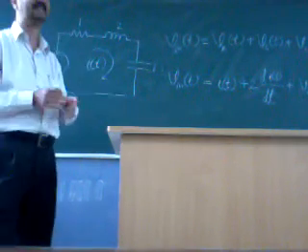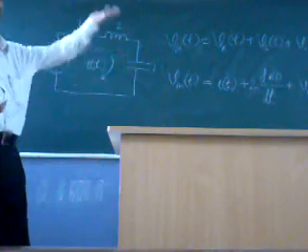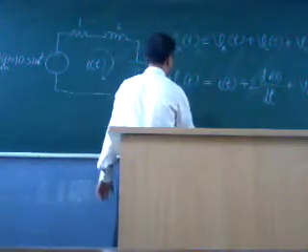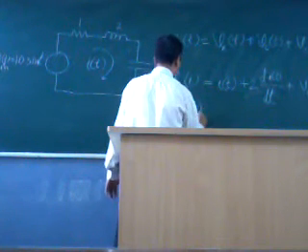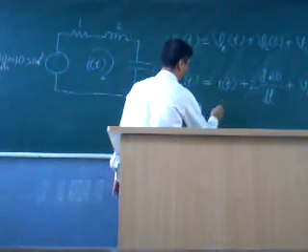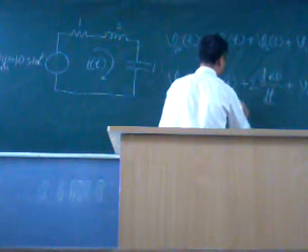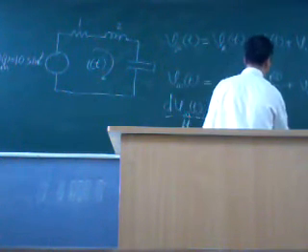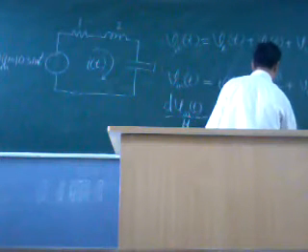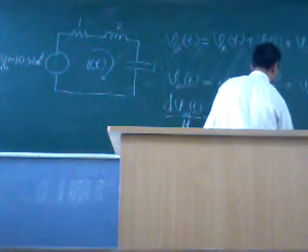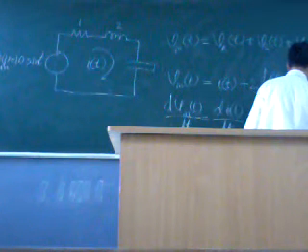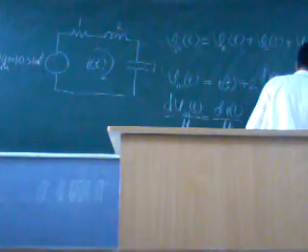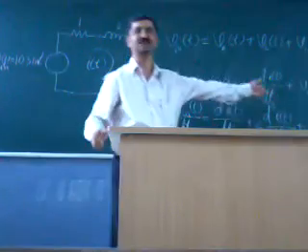So if I differentiate this entire equation once again, so what I get? dV_in(t) upon dt is equal to di(t) upon dt plus 2 d2i(t) upon dt square plus dV_C(t) upon dt.